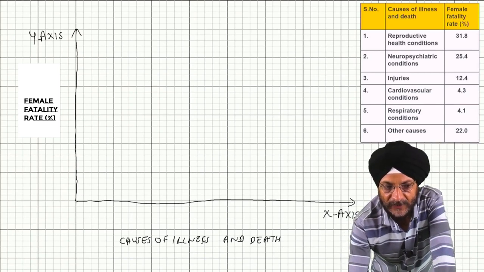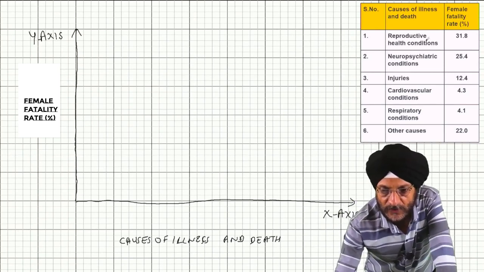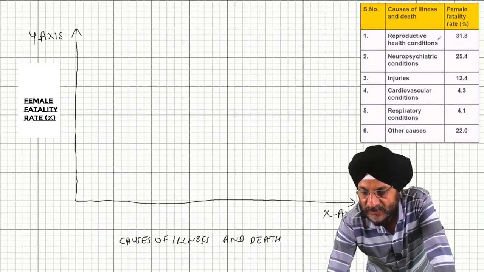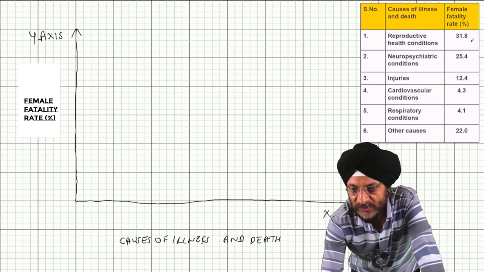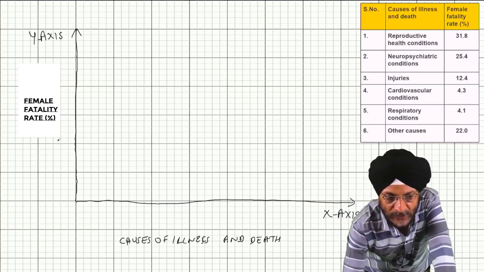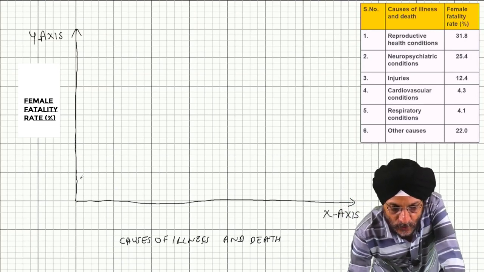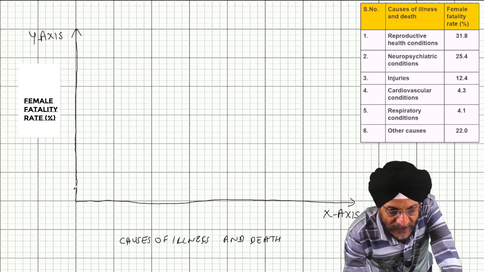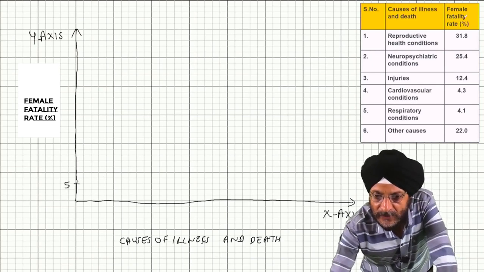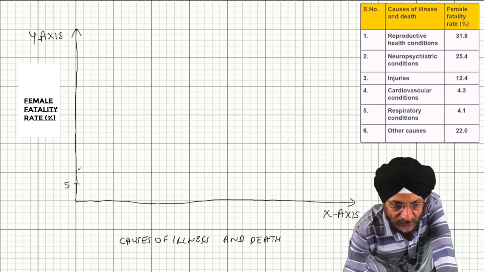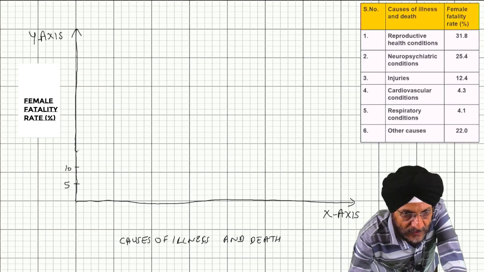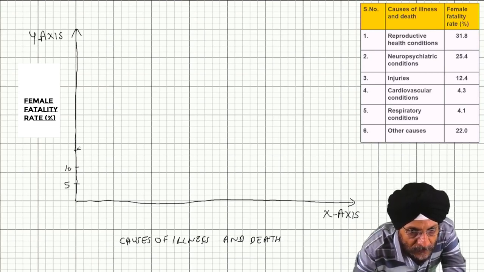So now what is reproductive health conditions? We see that the maximum figure mentioned is 31.8 and the minimum is 4.1. So we will here draw the graph. First we will mention the lines so that we can take all these figures on this graph. This is 5, here we mention 10, 15.